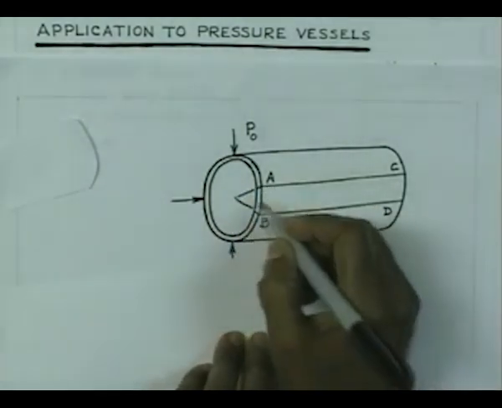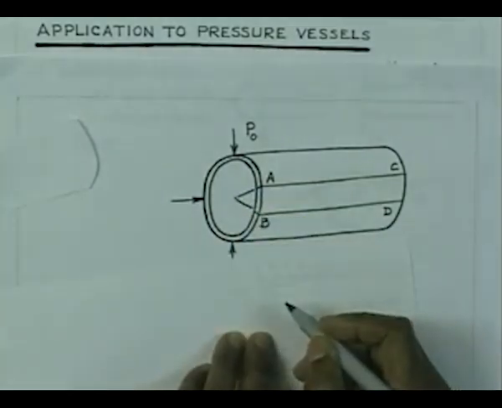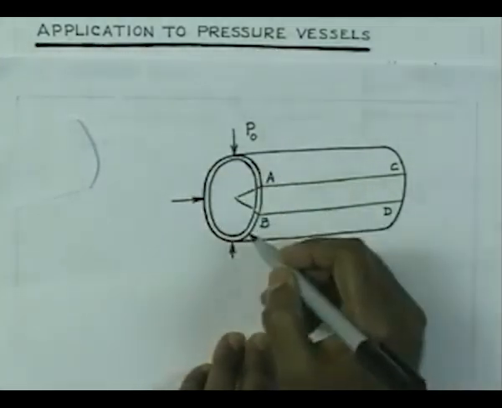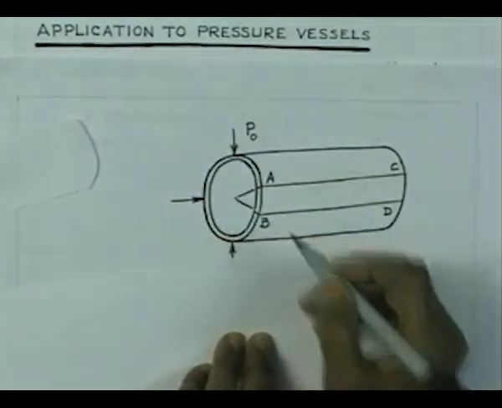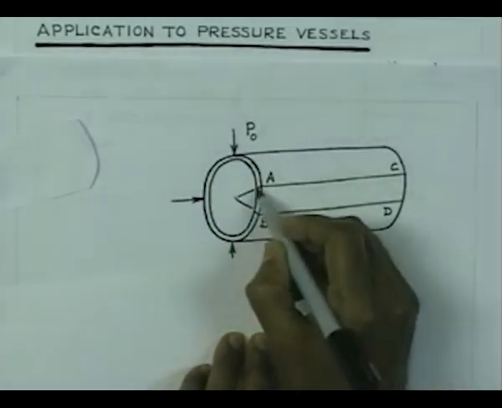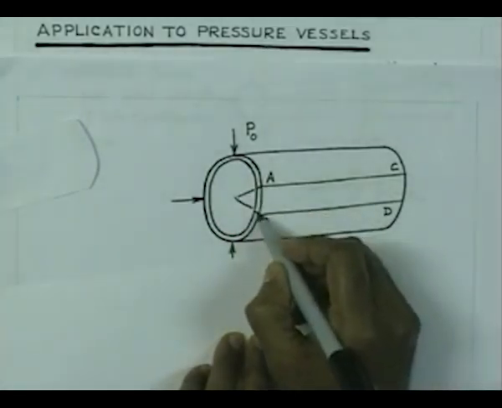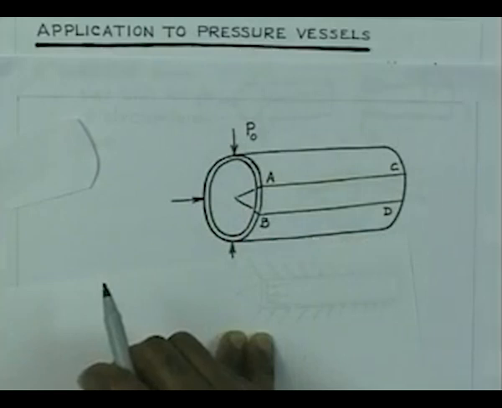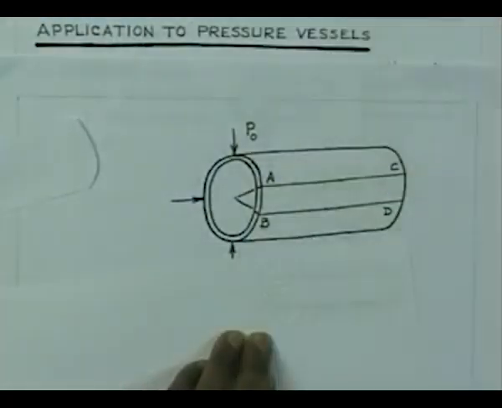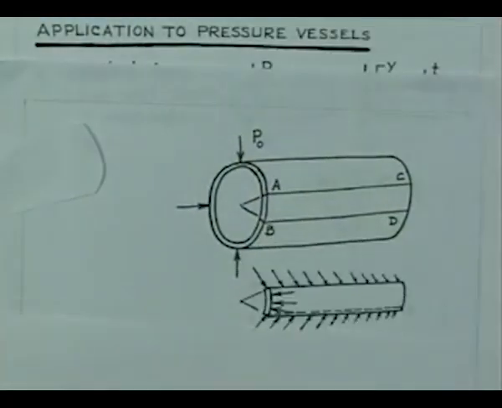When it is trying to move towards the center, the remaining part of the vessel is going to resist it, and therefore, on this edge and also on this edge there will be some forces developing which will oppose that movement, and we can picturize that situation by considering, just take this segment out and try to draw it separately.